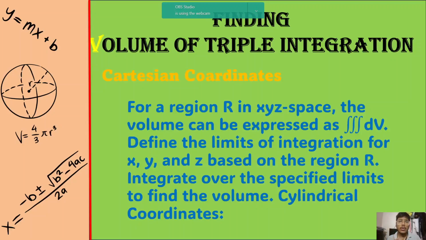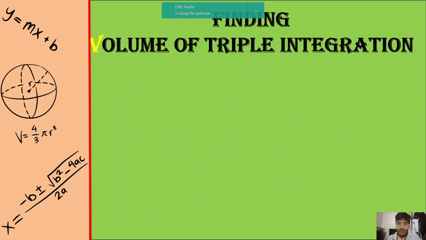So we have to do it step by step. For a region R in xyz space, the volume can be expressed in terms of this dV term, by defining the limits of integration for x, y and z based on the region R, and we integrate over the specified limits to find the volume.